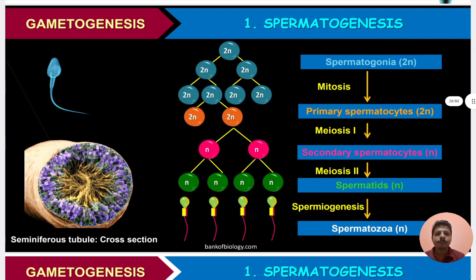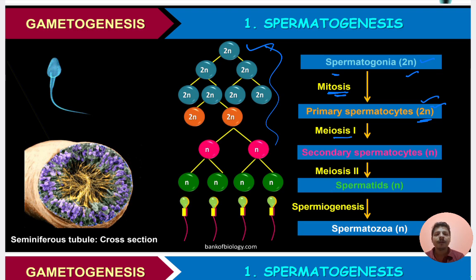Next, here you can see the steps. Spermatogonia, or the mother cell, is diploid and divides mitotically to produce the primary spermatocyte, which is also diploid.